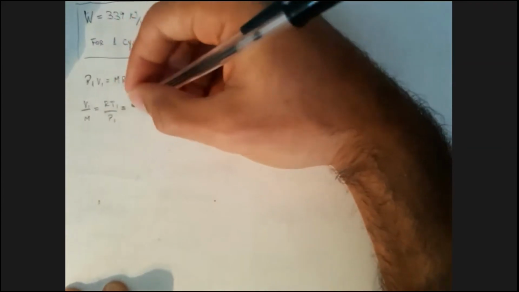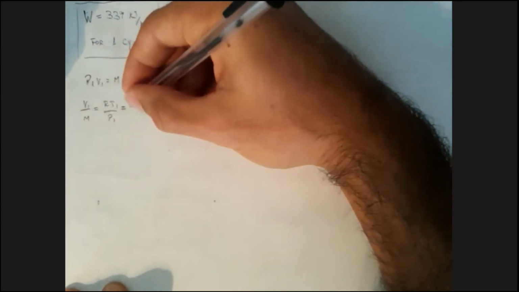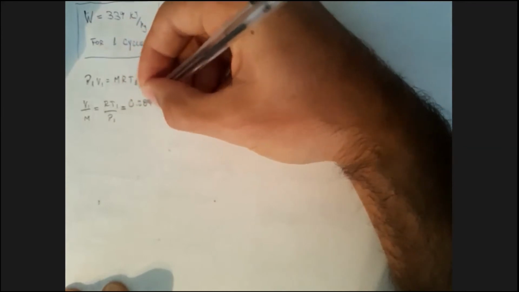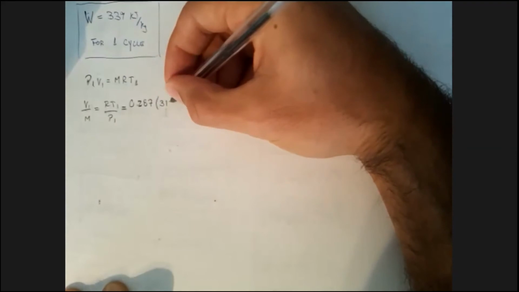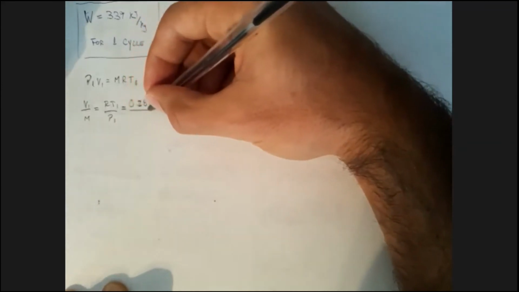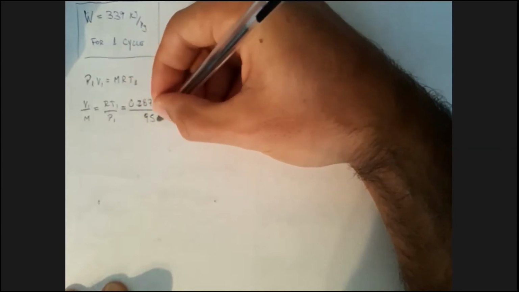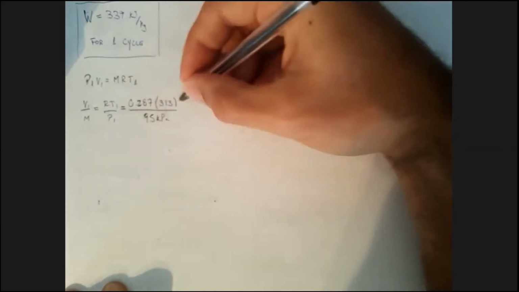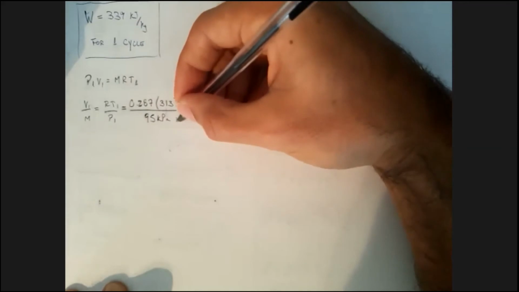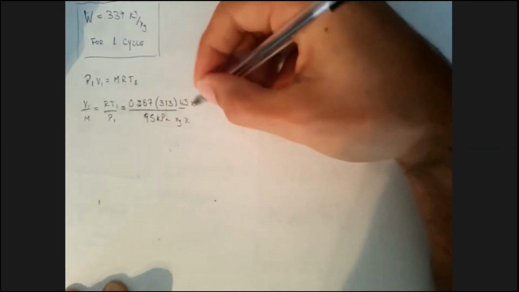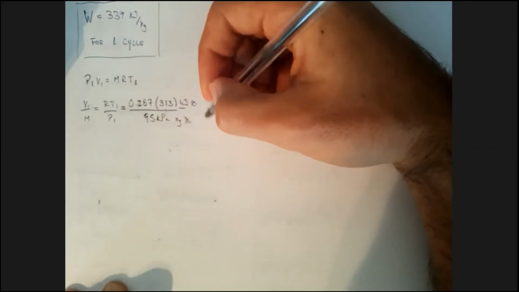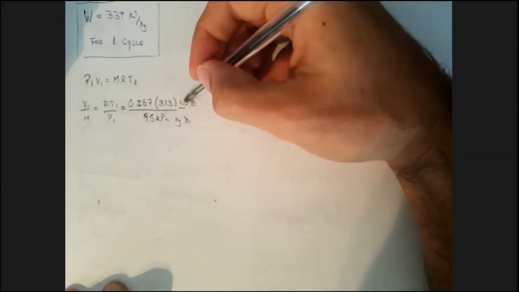I know the R that we grabbed from the table right in the beginning, which is 0.287 kilojoules per kilogram Kelvin. I know the temperature T1, 313 Kelvin. And I know the pressure, which is 95 kilopascals. Kelvin cancels Kelvin, and then we have kilojoules and kilopascals.